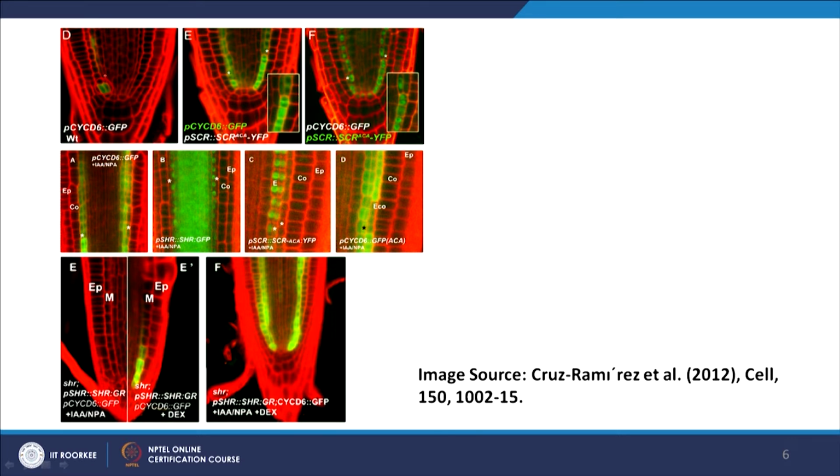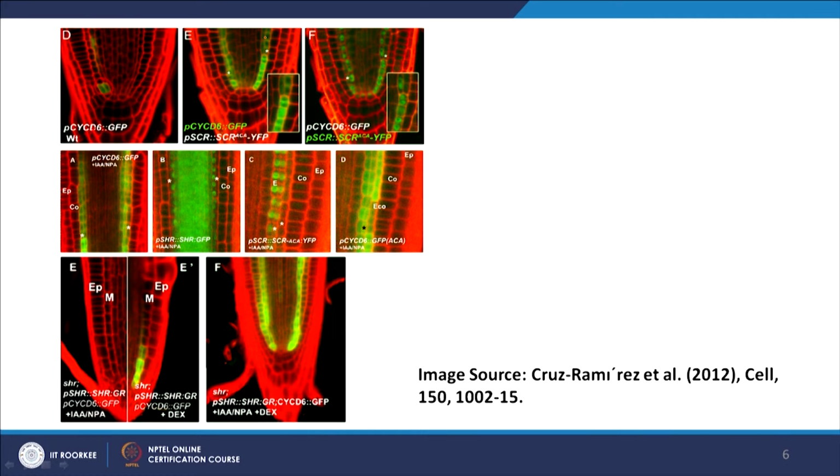When CEI undergoes the first round of cell division, you can see this cyclin D gene is expressed, but immediately after that its expression totally disappears. So, there is a possibility that SCR, RBR or these genetic regulators are regulating expression of this, which you will look at later in detail. But this might be interesting, because when you disrupt this interaction between SCR and RBR, you see that there is an extra layer and, more importantly, the expression of cyclin D6 expands.